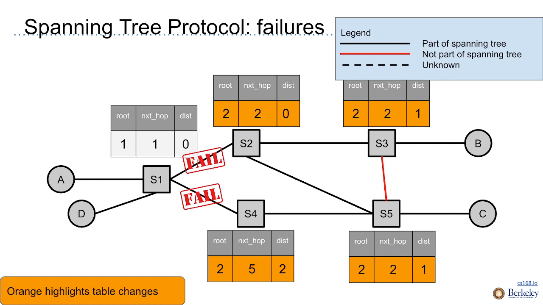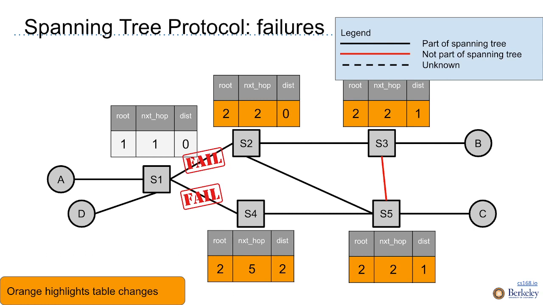At this point, if S1 is alive, it still thinks it's a root. It is a root within its own set of switches. So as long as it can't talk to the others, it can't become root for the other set of switches. But within its own world, it's root, and that's also what makes the protocol safe. It still works, even if there were others connected to S1.